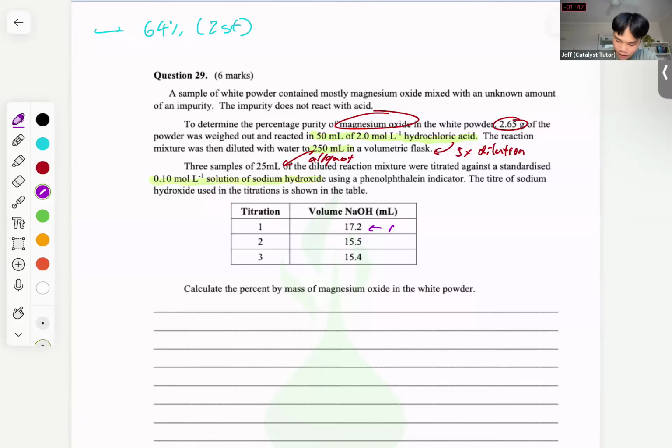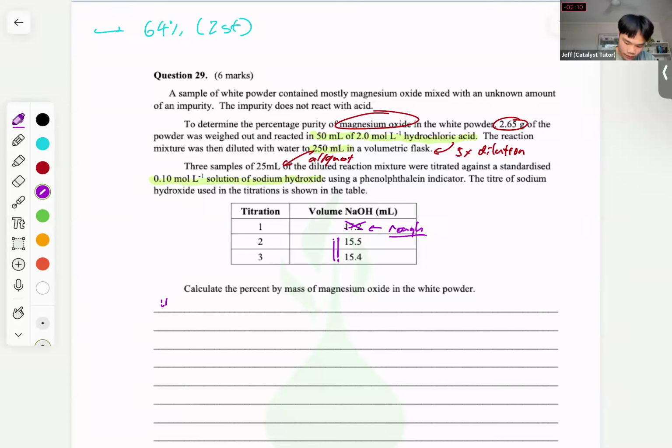So this is a rough titration. And whenever you see such a big difference between titers, you will always want to exclude something that is completely non-concordant. So in this method, we're going to take our working just from the second and third titration, even though we typically want 3.